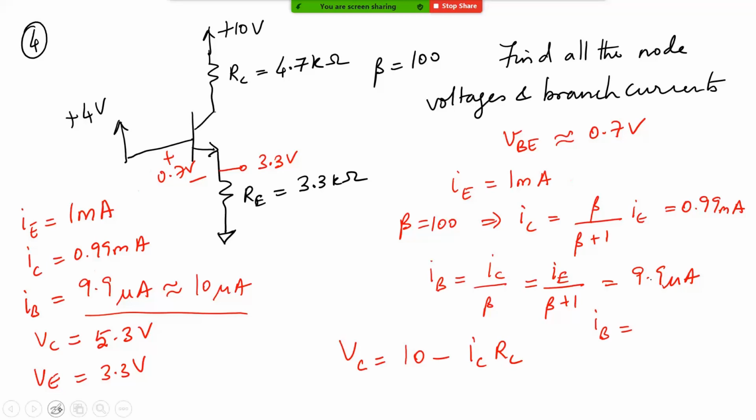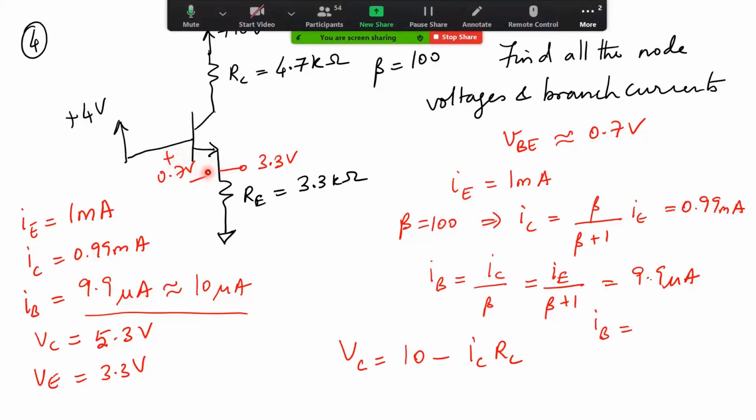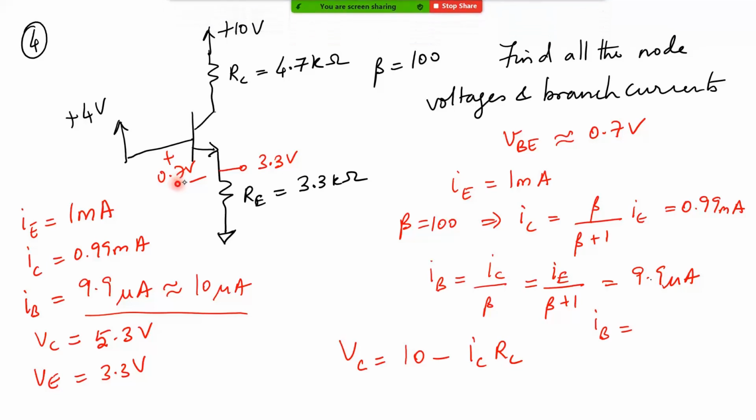See, what we are doing here is, this particular node is at 4 volt. Nominally this transistor, in the first problem that we solved, we had the information with which you can calculate the precise value of VBE.